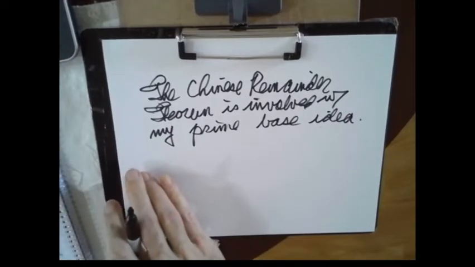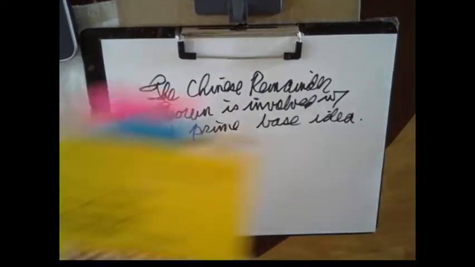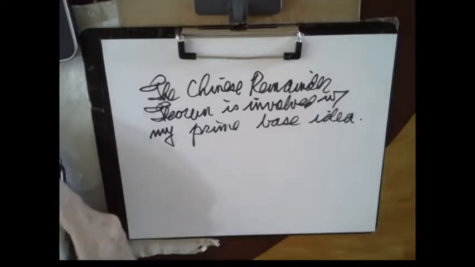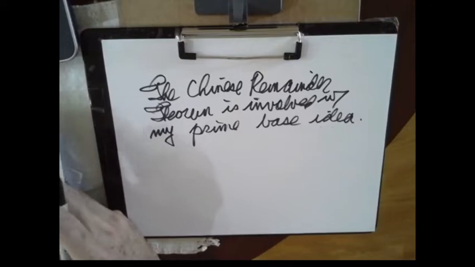Okay, the Chinese remainder theorem is pretty well established in most books on number theory or general mathematics. The one I'll use is from David Nelson's Dictionary of Mathematics. They're all the same, obviously. And it's not exactly crystalline, where it comes from or why, at least from reading these things.